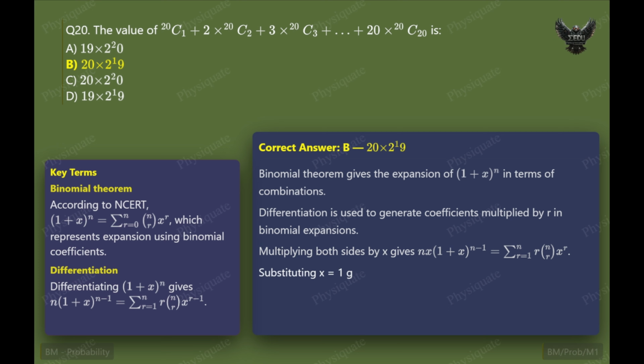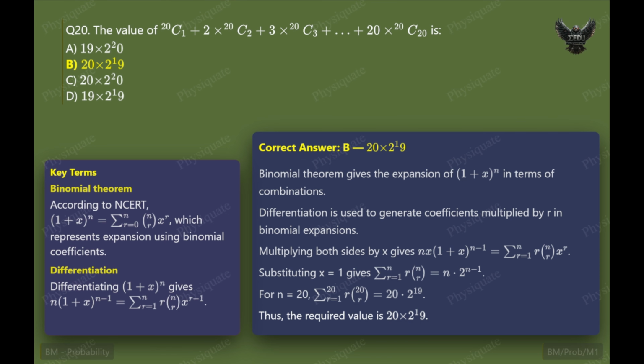Substituting x equals 1 gives the sum from r equals 1 to n of r C(n,r) equals n times 2^(n-1). For n equals 20, the sum from r equals 1 to 20 of r C(20,r) equals 20 times 2^19. Thus, the required value is 20 times 2 to the power 19.